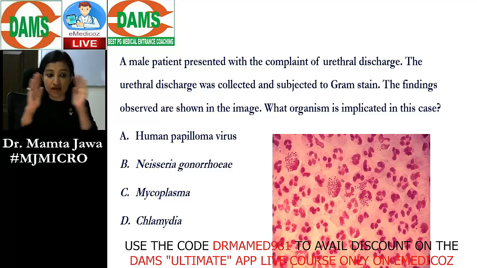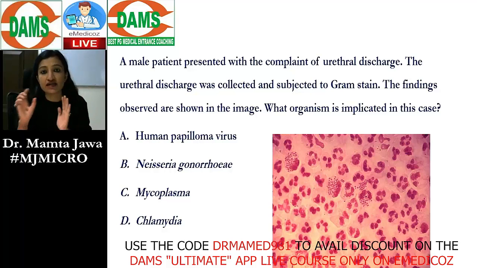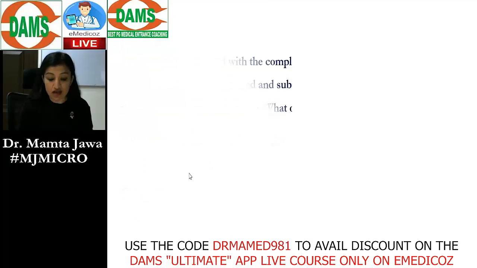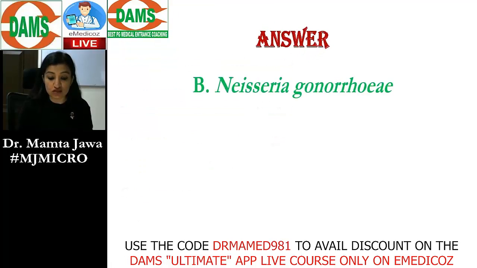So keeping all these basics about stains and little facts about microbes, that mycoplasma, for instance, do not have a cell wall, you can easily arrive at the correct answer, and that is option B.